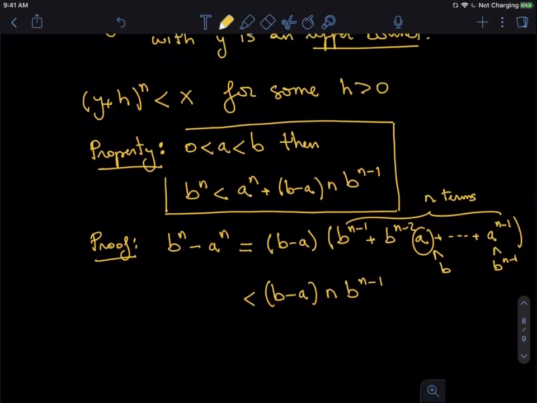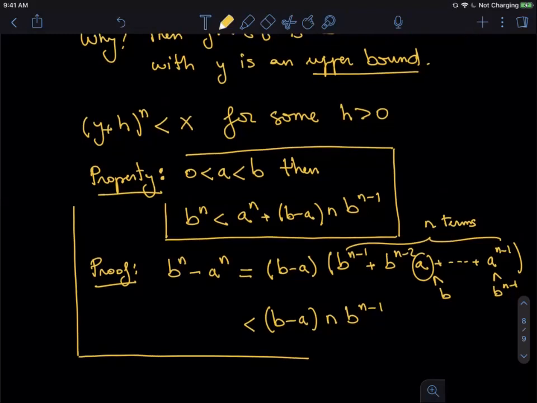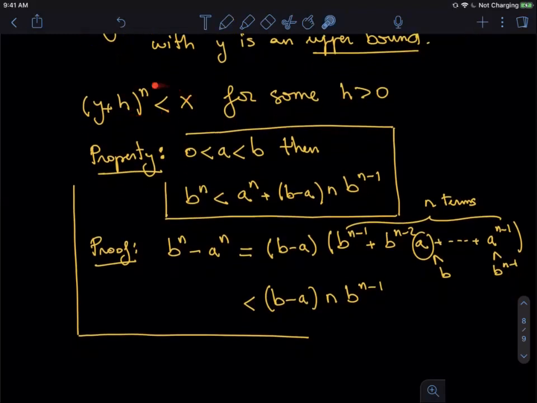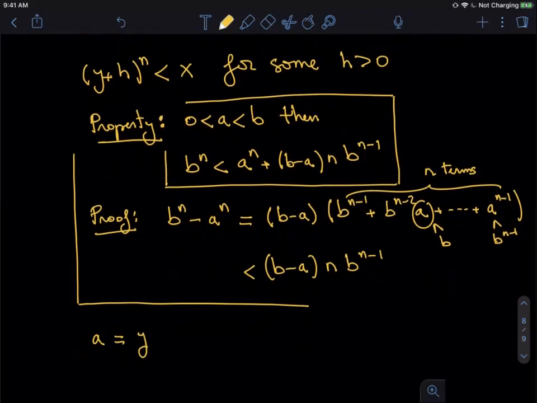This is like a parenthesis. Typically you will write this as a lemma before the theorem, or you will just make a comment very quickly. That's what the book does. So we want to apply it to this particular case. What is a and what is b? a is the smallest, so we are going to use y for a, and b is going to be the largest, so it's going to be y plus 8.